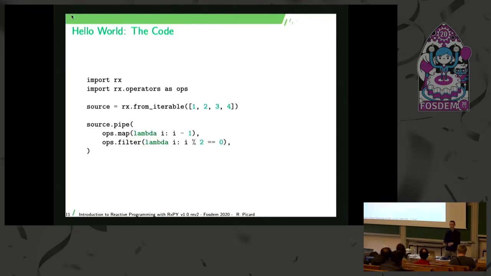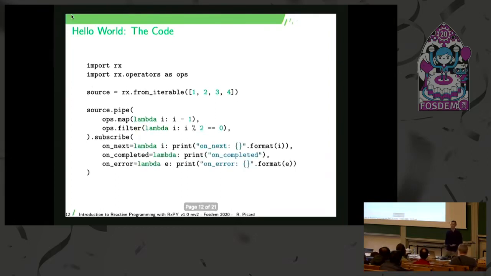If I run it this way, nothing happens, because we just created observables, but nothing is executed yet. We just declared the computation graph that we want to do. Observables are lazy. They only emit items when somebody subscribes to them. So that's what we have to do next.